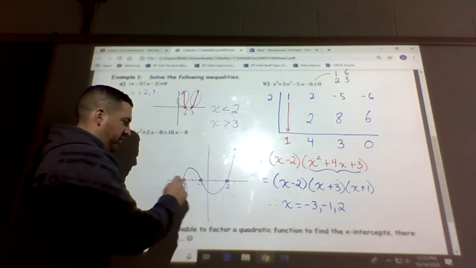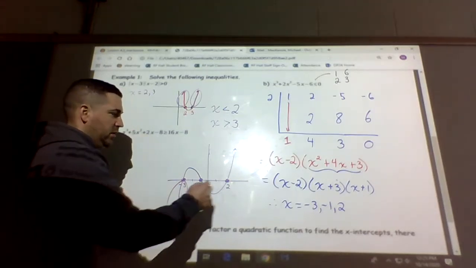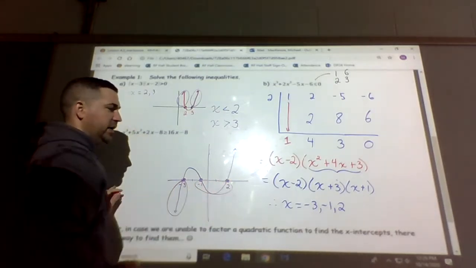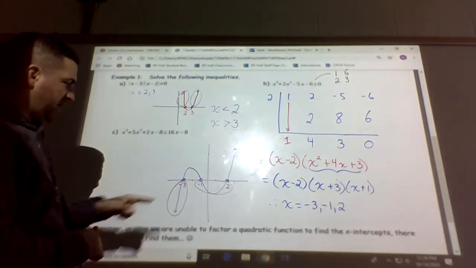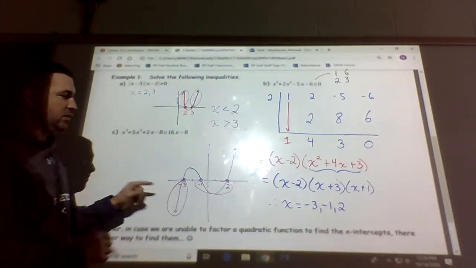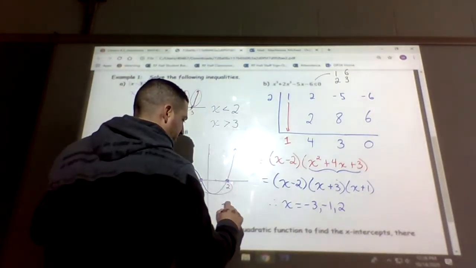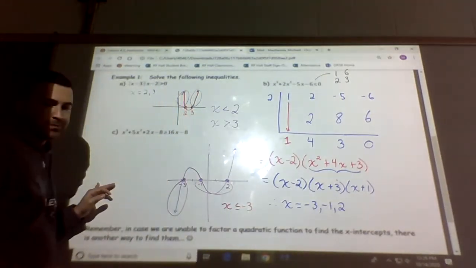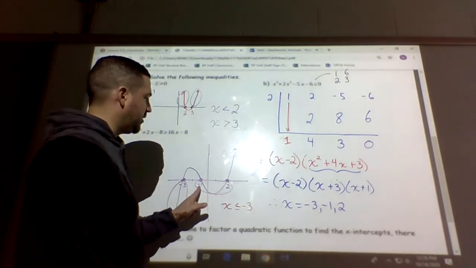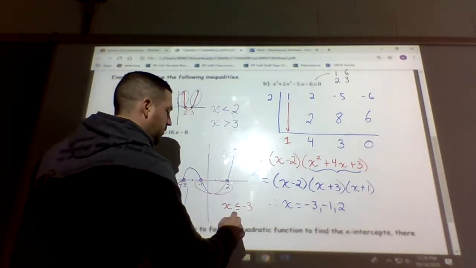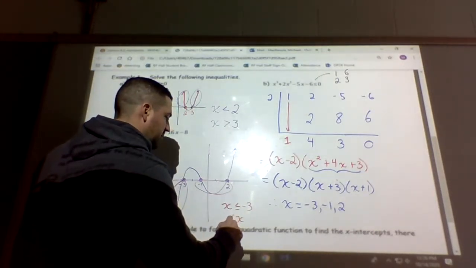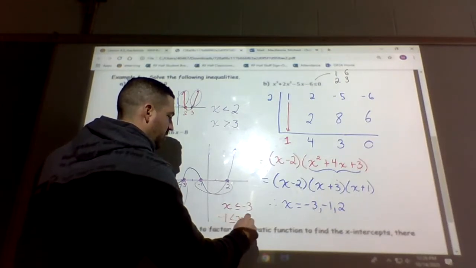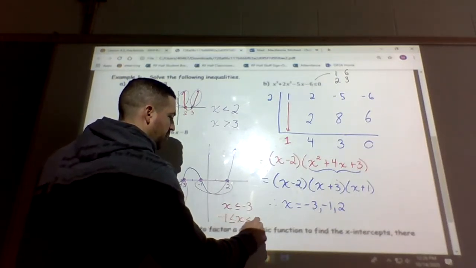So we have this part is below 0, and this part here is below 0. So x values that are less than or equal to -3. So x is less than or equal to -3. And x values that are between -1 and 2. So greater than or equal to -1, but less than or equal to +2.